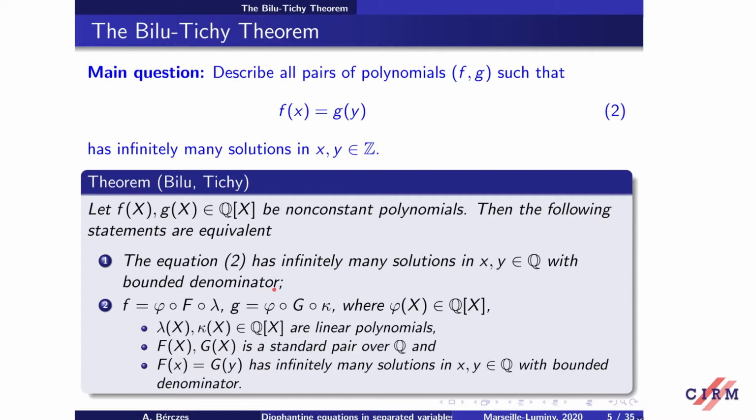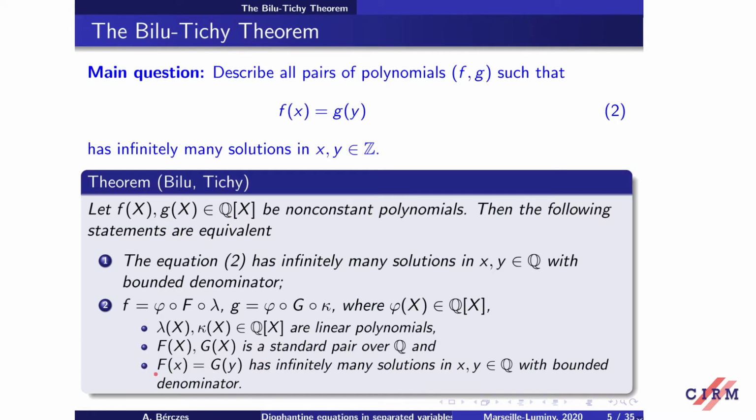In principle, it's a kind of generalization of the searching for integer solutions. So this statement is equivalent to the fact that f is composed of three polynomials, and g is composed again of three polynomials, where the inner polynomials are linear polynomials. The middle polynomials form a so-called standard pair, which on the next slide I will show how they look like.